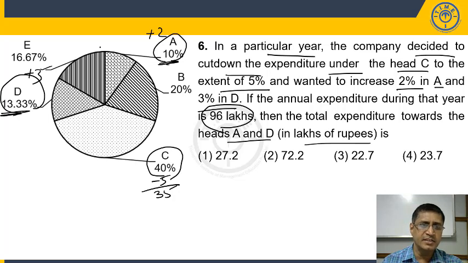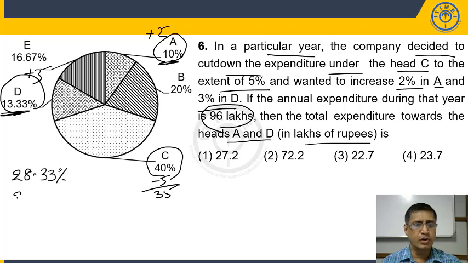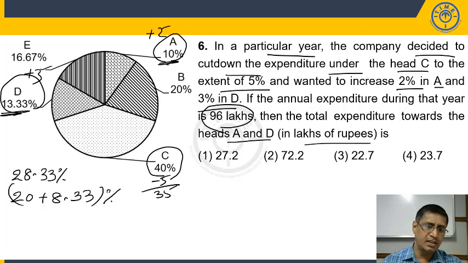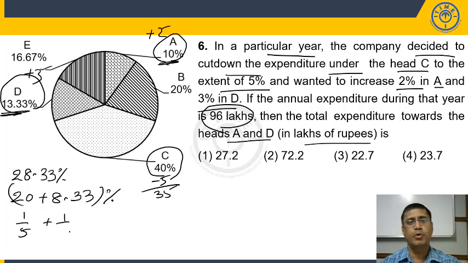When you add this 2 and 3 to this, it becomes 28.33%. So we can express this as 20 plus 8.33%. Okay. Now what about the 20? 20 means 1 by 5. 8.33 means it is 1 by 12.